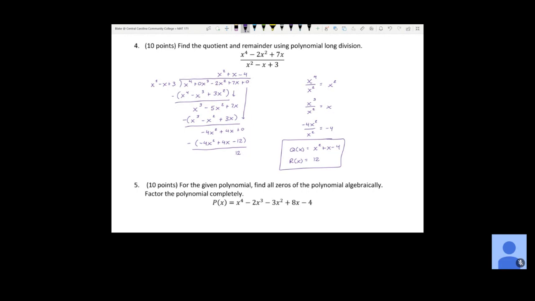Any questions on any of the steps for that long division now? Again, just like with synthetic, if you're missing any terms, don't forget those zeros, right? Because you got to have them there so everything lines up.